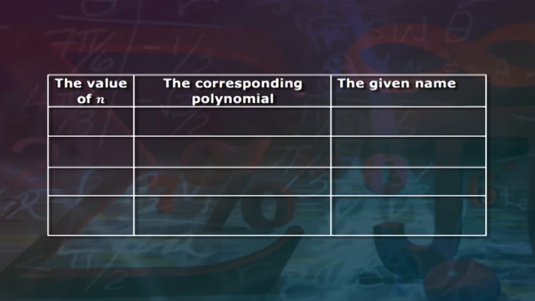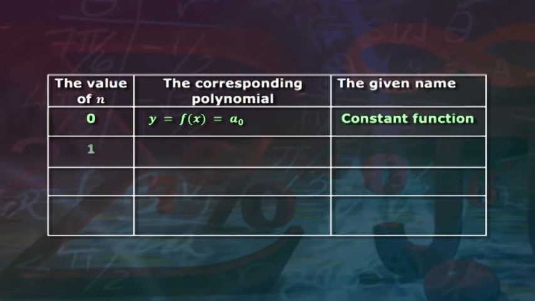We have different values of n and the corresponding formula and then the name. For n = 0, we have y = f(x) = a0, which is called a constant function. For n = 1, we have y = f(x) = a0 + a1 x, which is called a linear function.